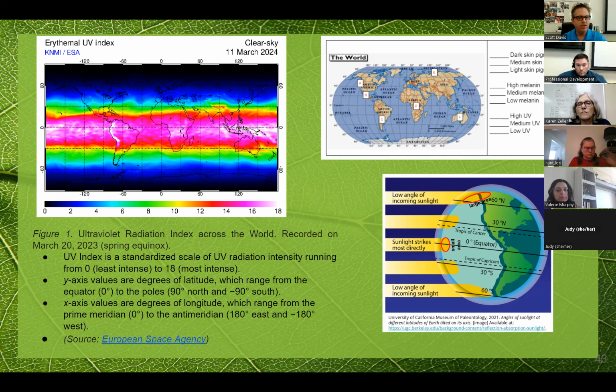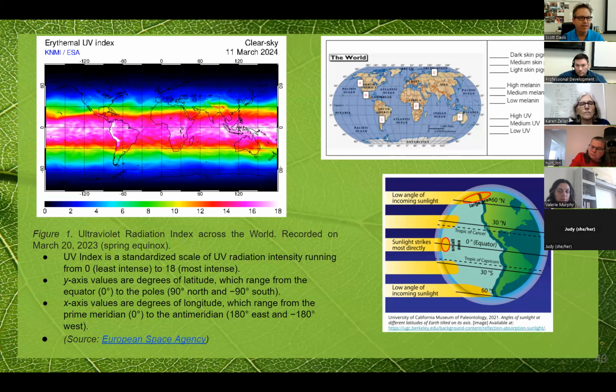I do want to mention, the UV index map shown on this slide comes from the European Space Agency, and the one that was on there before was from 2022, spring equinox. You can have students click on that link and it will take you to the website, and you can plug in whatever day you want.